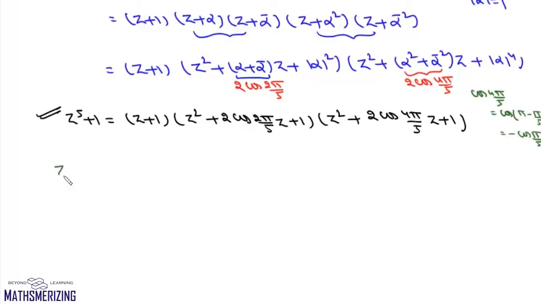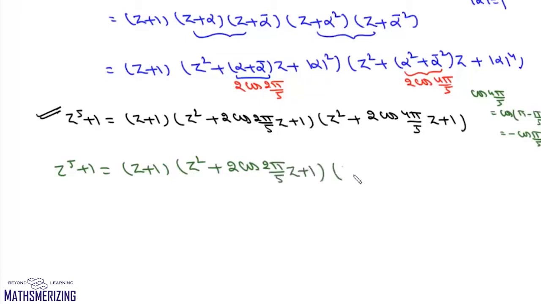So we'll write z to the power 5 plus 1 as z plus 1, z square plus 2 cos 2 pi by 5 z plus 1, into z square minus 2 cos pi by 5 z plus 1.